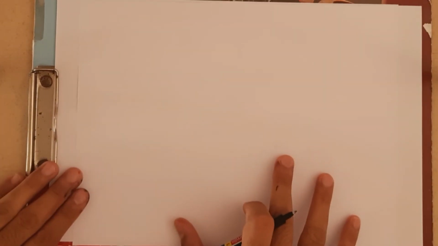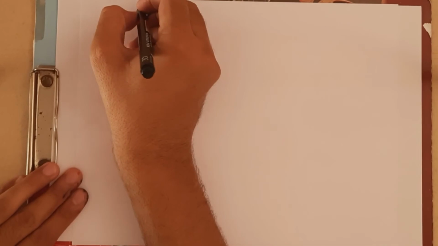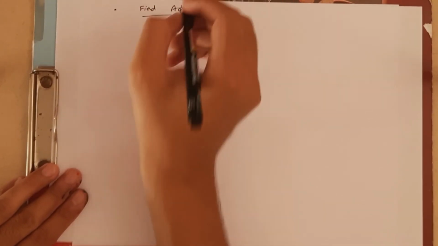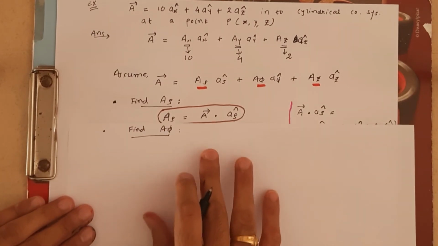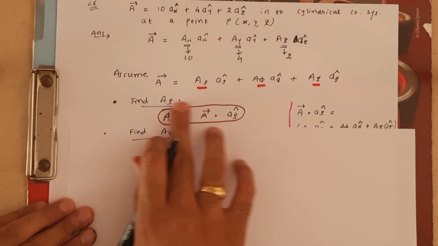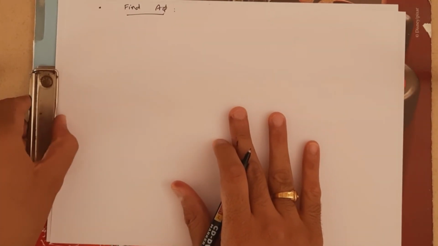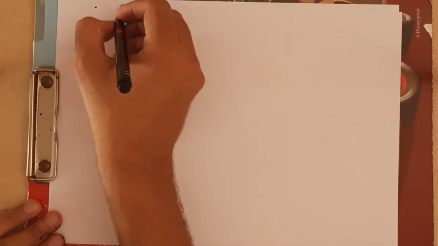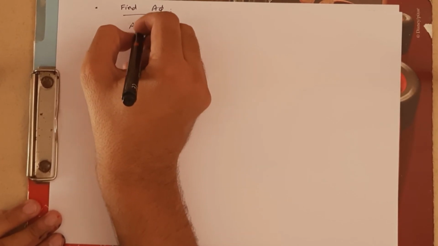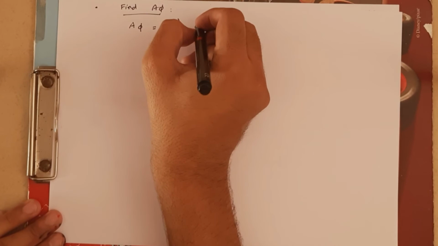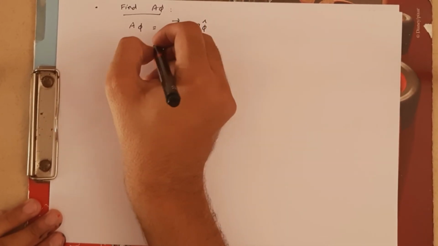Okay, so next find Aφ. What I have to do for Aφ, whatever we did for Aρ, we do the same for Aφ. Here Aφ is equal to the A vector dot product with the aφ unit vector.